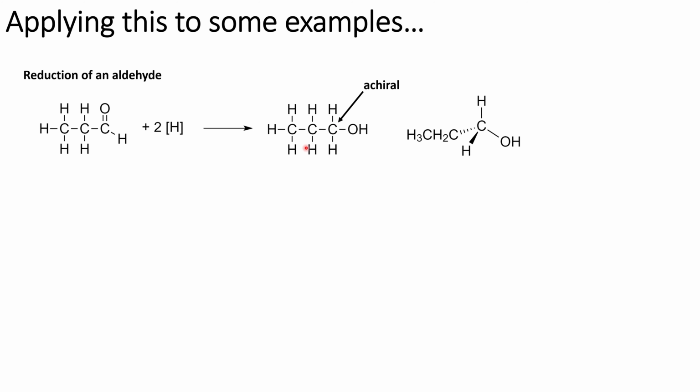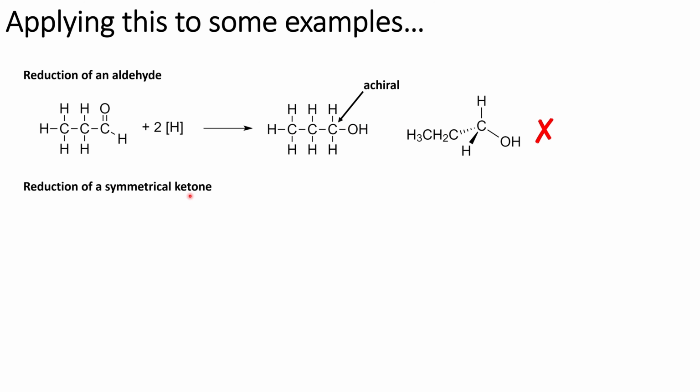But any longer chains, you write those as structural formulae. You can see I've written it in the form of CH2, CH3, reading from right to left here. So we can see that the reduction of an aldehyde does not result in enantiomers or optical isomers, because the carbon that's changed isn't chiral.